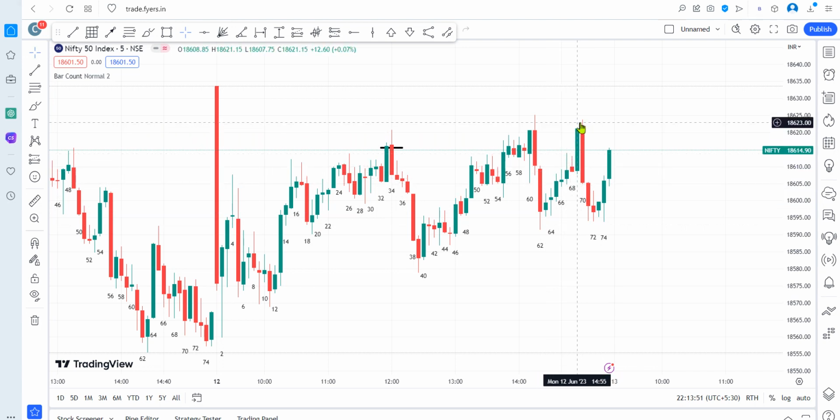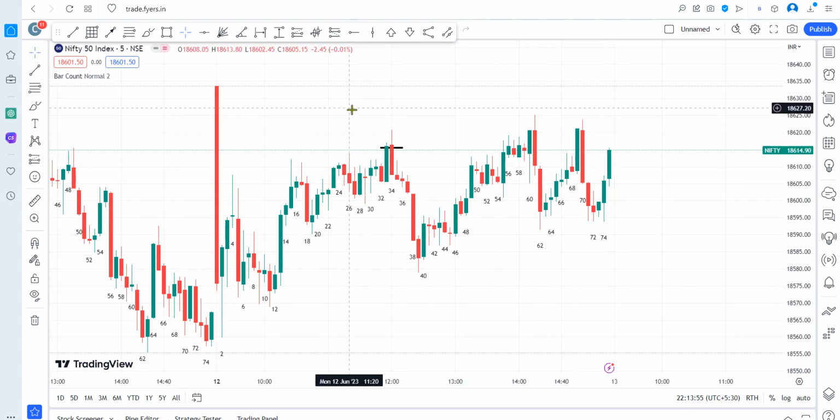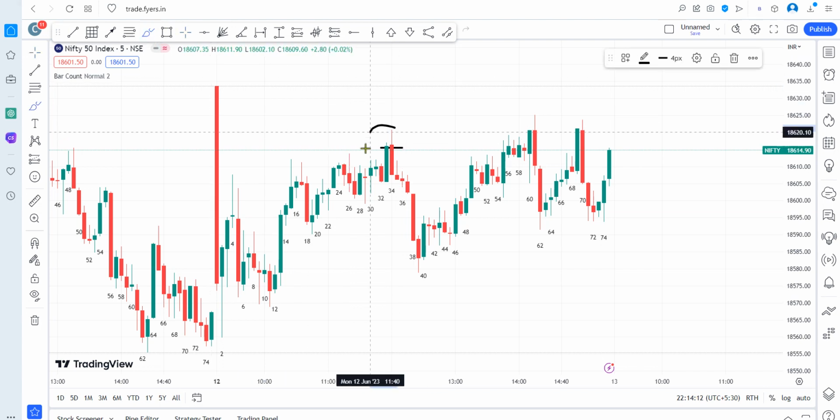So you exit around here. So this is a two-sided move. So here fading, fade is important here. Why fade? Because every move you see, it is faded. How faded? Let's look at this.